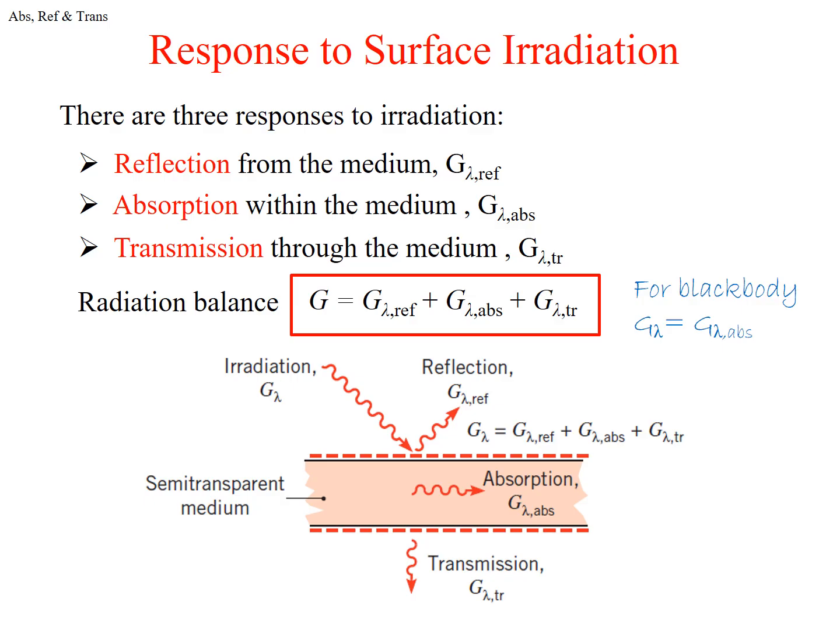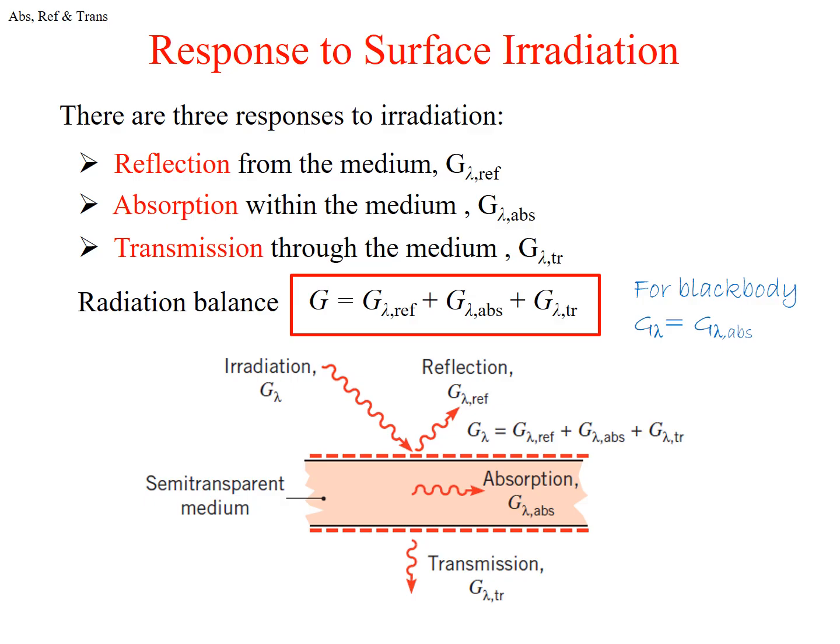So we generally say that the radiation energy that comes to the surface is either reflected, absorbed, or transmitted. The total irradiation on the surface is equal to the sum of the reflection, absorption, and transmission cases. You could have all three cases, or you could have only one or two of them.